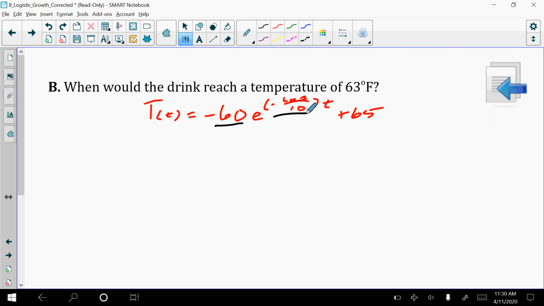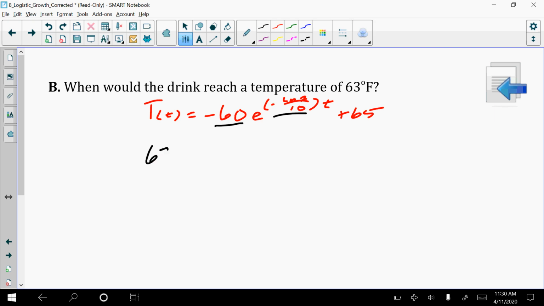When would the drink have a temperature of 63 degrees? So we want to find time in this case, and T of that period of time is going to be 63 degrees.